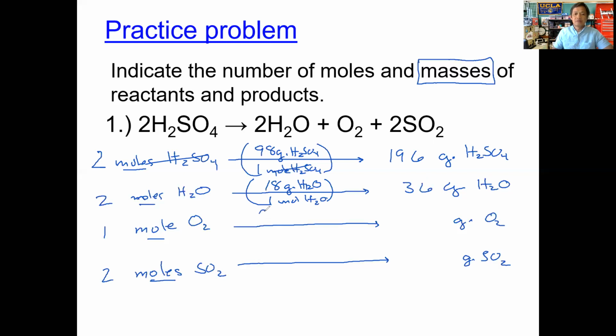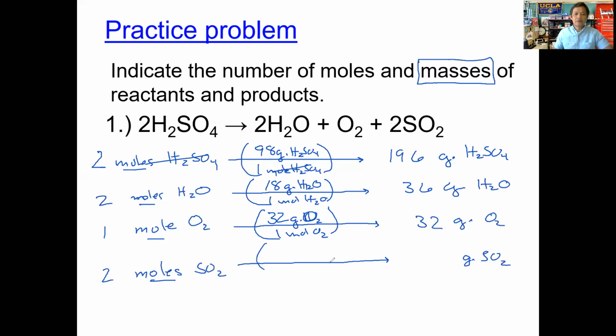Doing the same thing with oxygen: there are 2 oxygens here. Remember, this is diatomic oxygen, so that's going to be 32 grams of oxygen for every 1 mole. And so you end up with 32 grams of oxygen.